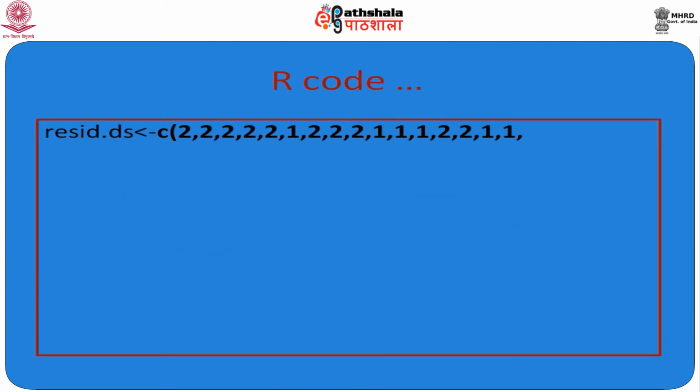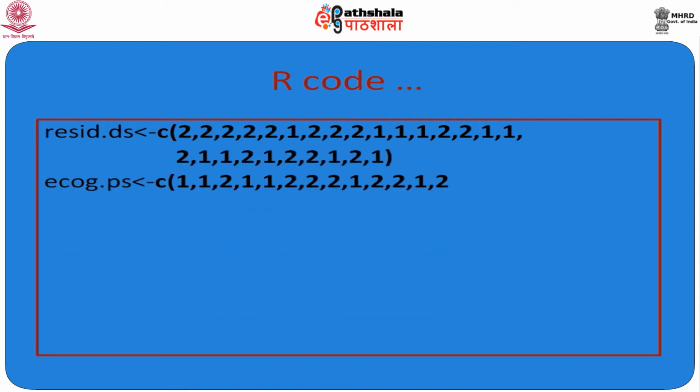Now we are going for another variable, residual disease presence or not. It is given by 1 and 2 coding. Now we are going for ECOG performance status, that is ECOG.ps, again given by code 1 and 2 for all corresponding individuals.